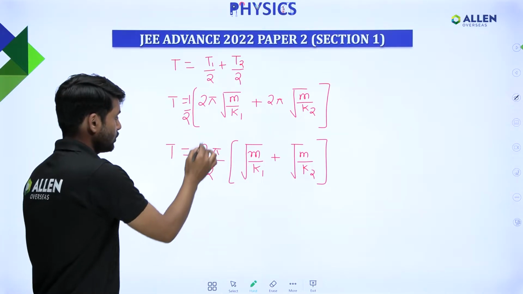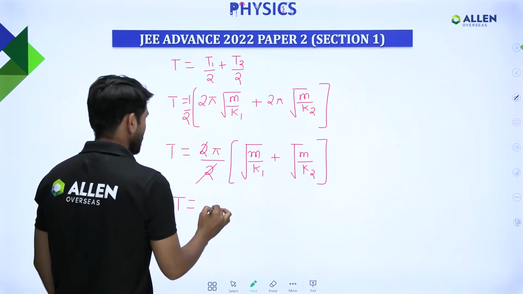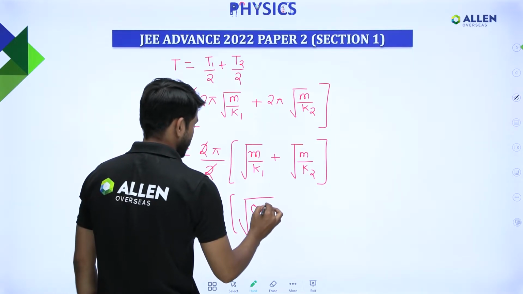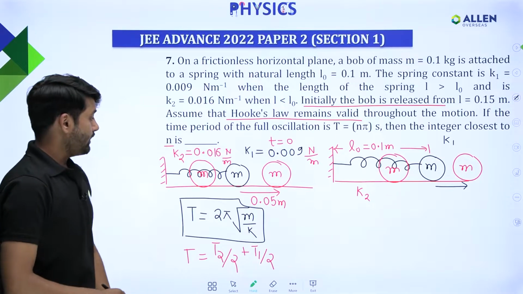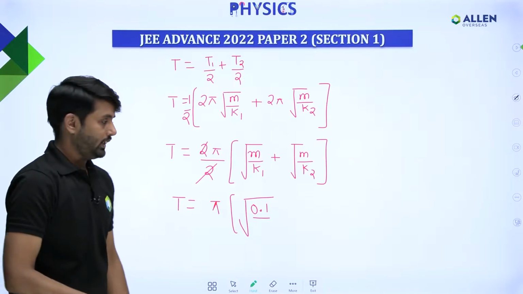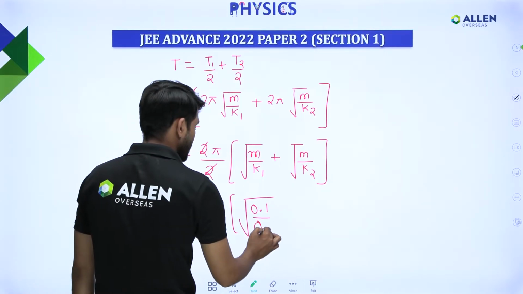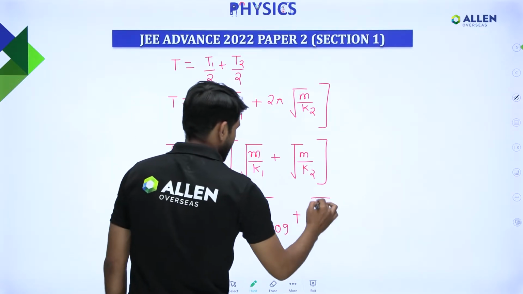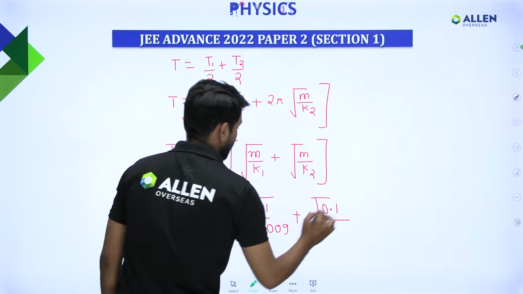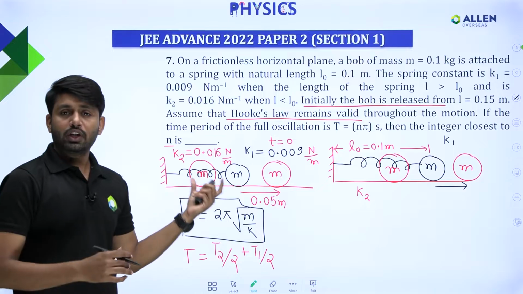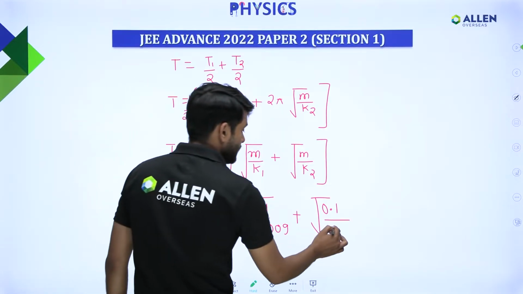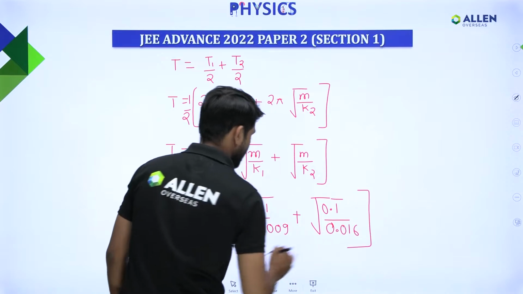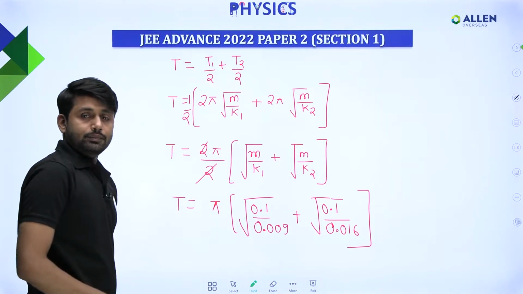The two cancel. So T is equal to pi times under root 0.1 by 0.009 plus under root 0.1 by 0.016. Is that clear?